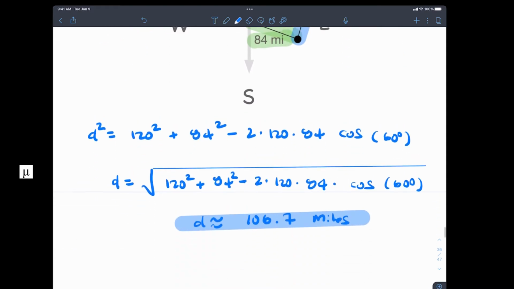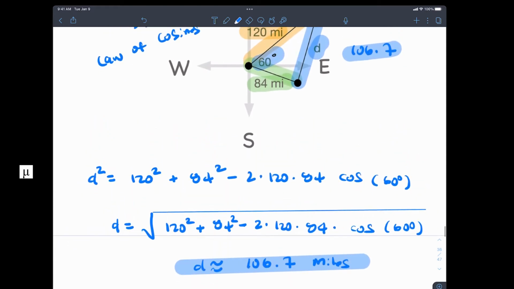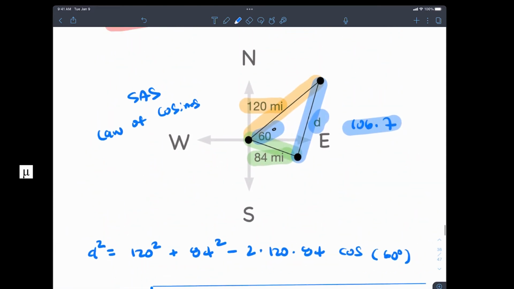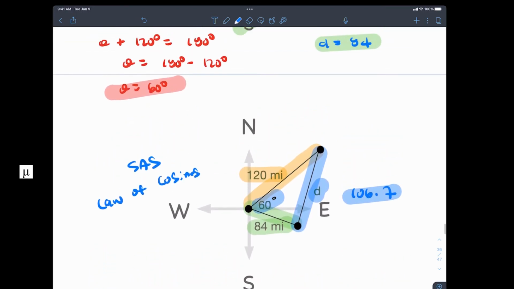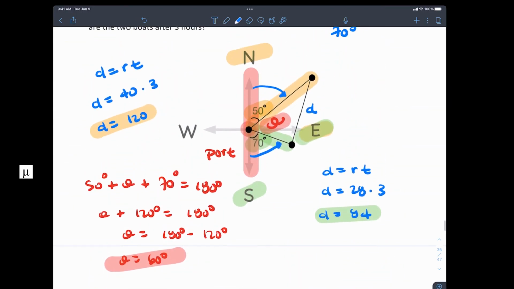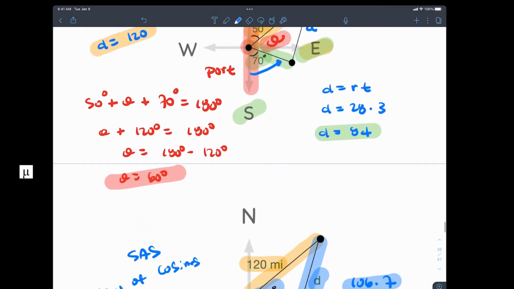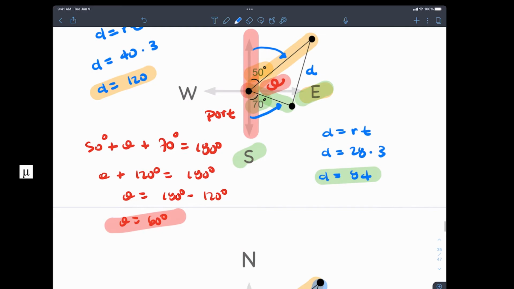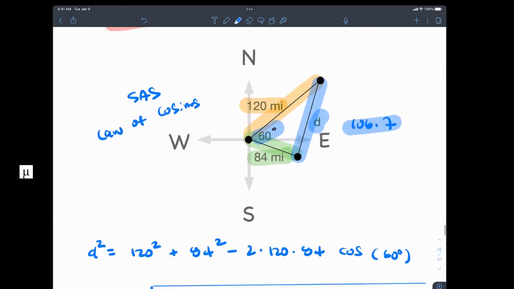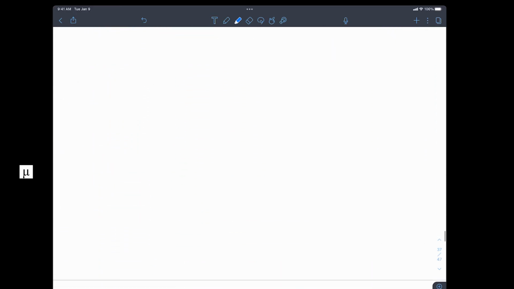And that's what we're looking for. Okay, you guys okay with that? Law of cosines for this question. What do you guys think? Okay? Just warming up with the navigation question. Anybody have any questions on that one? Okay, you guys okay with that? We learned a quick little how to navigate or how to give an angle.